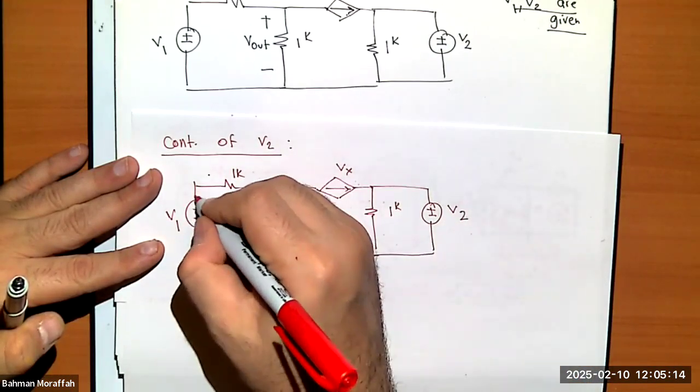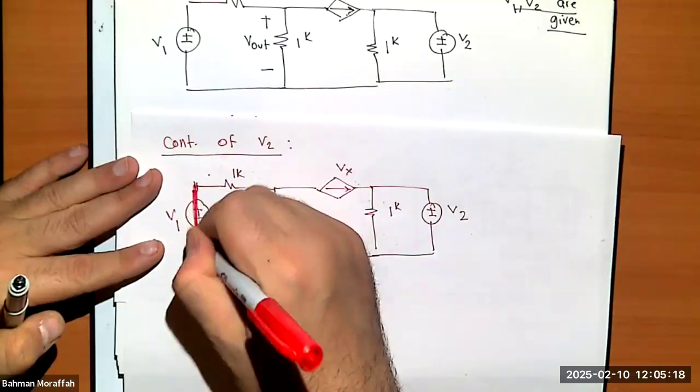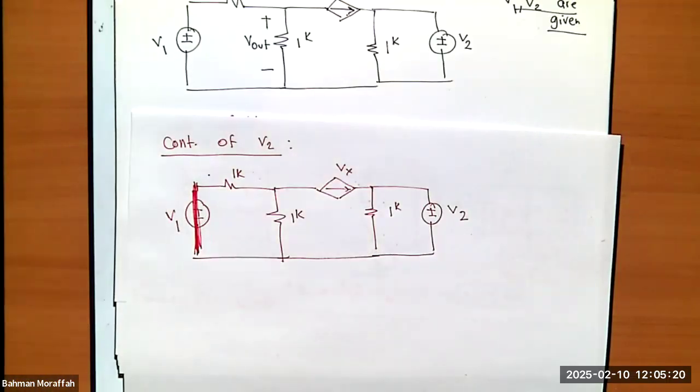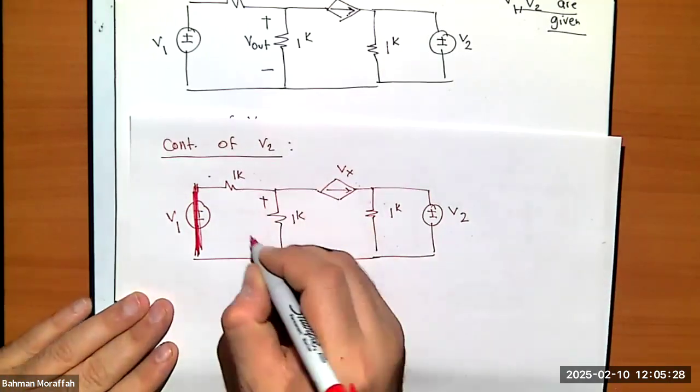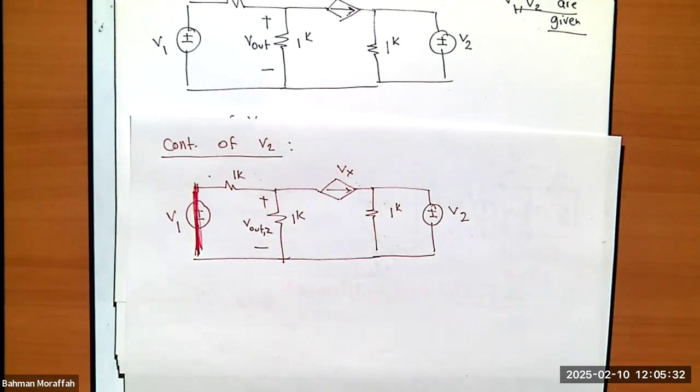This must be 0, so this becomes just a wire. Right? And let's just call voltage across this V out 2.